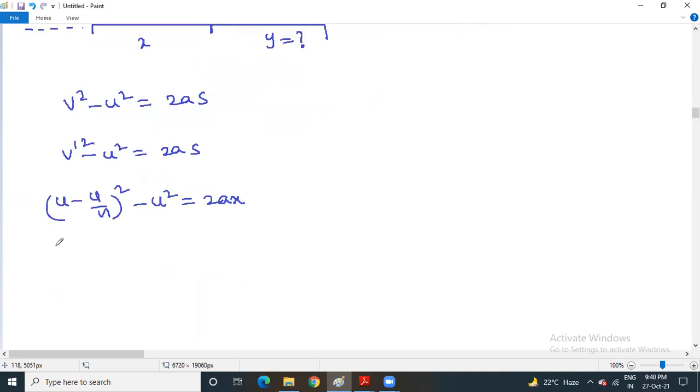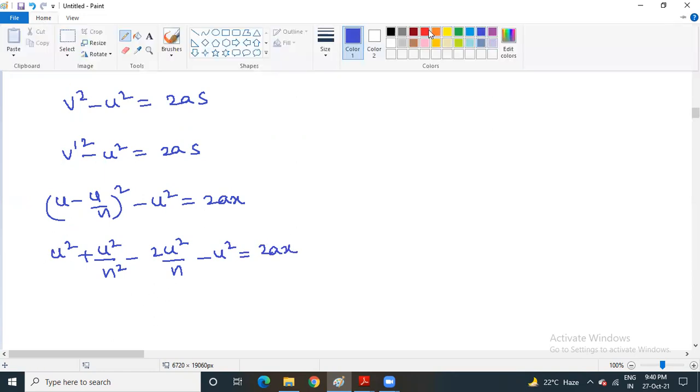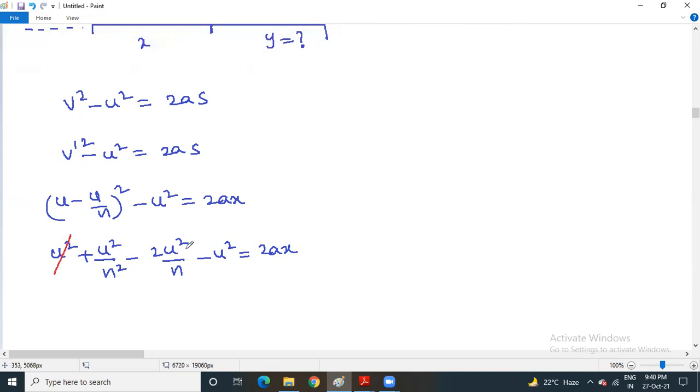Now expand it: u square plus u square by n square minus 2u square by n, minus u square is equal to 2ax. The u square and u square get cancelled. If you take out u square common, you will get u square times 1 by n square minus 2 by n is equal to 2ax. Call this equation 1.